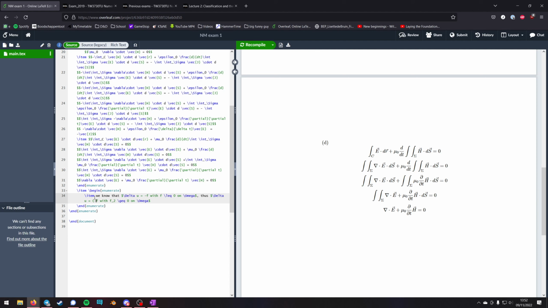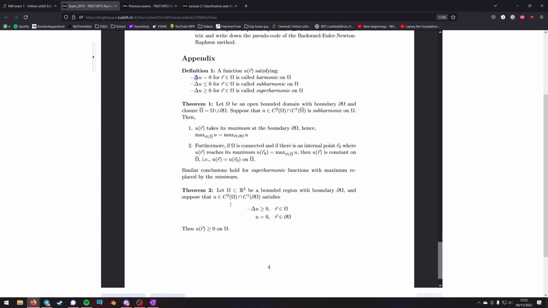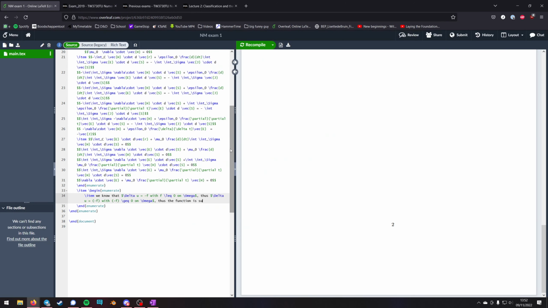Or here, I'm just going to go negative f, with negative f greater or equal than 0, because they want me to write down all my substeps. Thus, the function is subharmonic? Superharmonic. One day I'm going to learn this by heart. Today is not that day.